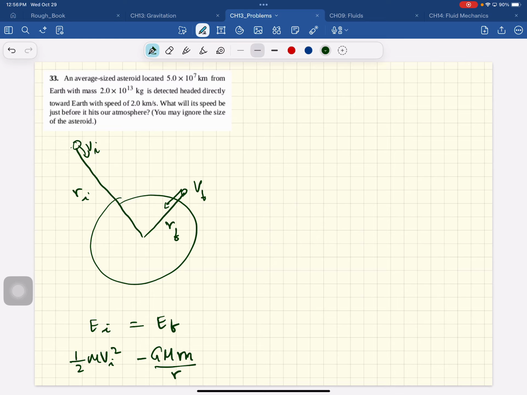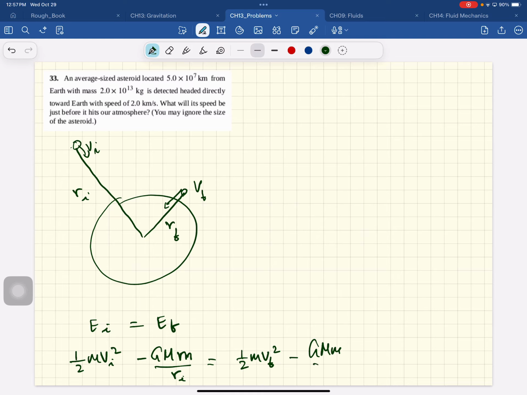Okay. So this is gravitational constant. This is the mass of the Earth. This is the mass of the asteroid. Okay. And that should equal 1/2 mv final square minus GMm over r.